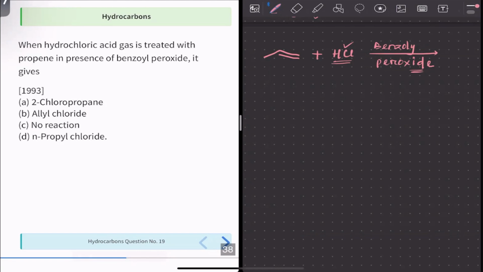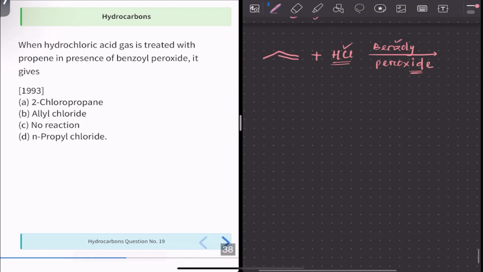But that is not the case here, because for the peroxide effect or Kharasch effect, only HBr is responsible, not HCl or HI. So this will follow Markovnikov's rule.